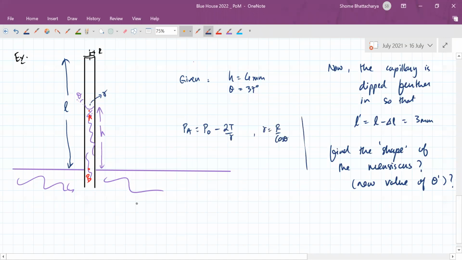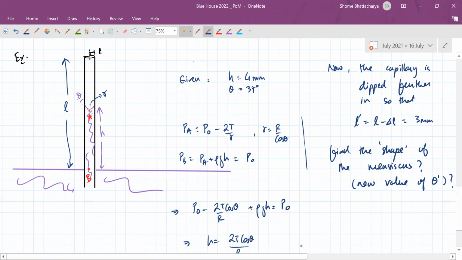Remember this calculation? So pressure at the point B becomes pressure at A plus rho gh, and that should be equal to atmospheric pressure. So P naught minus 2T by R cos theta, plus rho gh should be equal to P naught. And that's how we get the formula that h is 2T cos theta divided by rho g R.